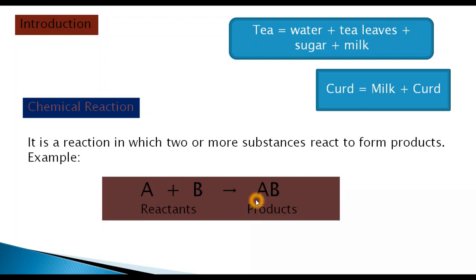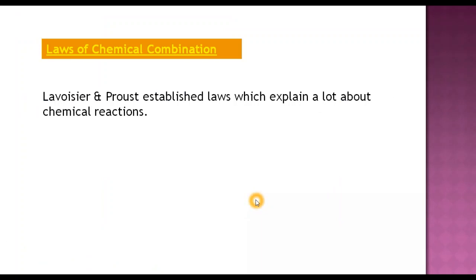So based on these chemical reactions, these changes often occur as a result of combination of two different types of matter. So there are certain rules that govern the combination of different elements to form different compounds.